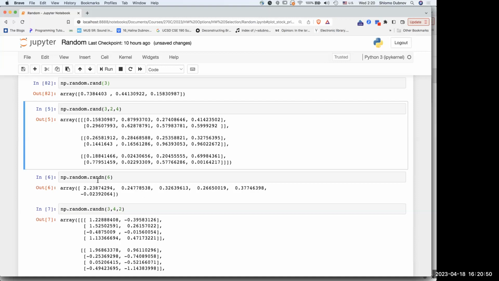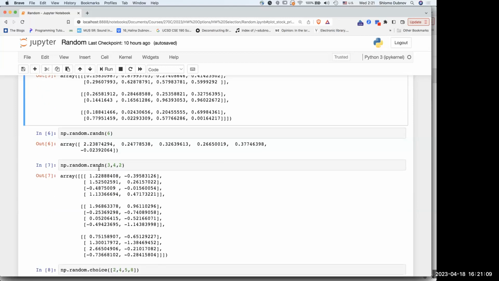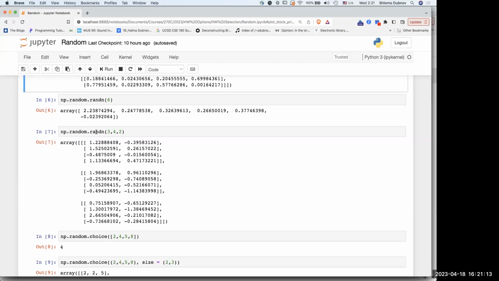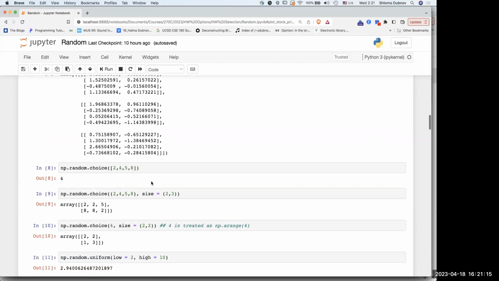Because this is very useful, maybe you don't want to specify the mean and variance, you're using the usual mean 0, variance 1. So for randn, the 6 is only the number of samples, and again, these parameters will be the dimensions of the tensors that you create.